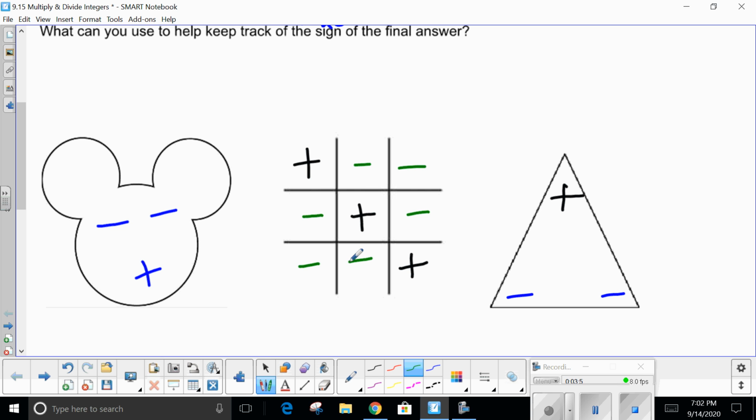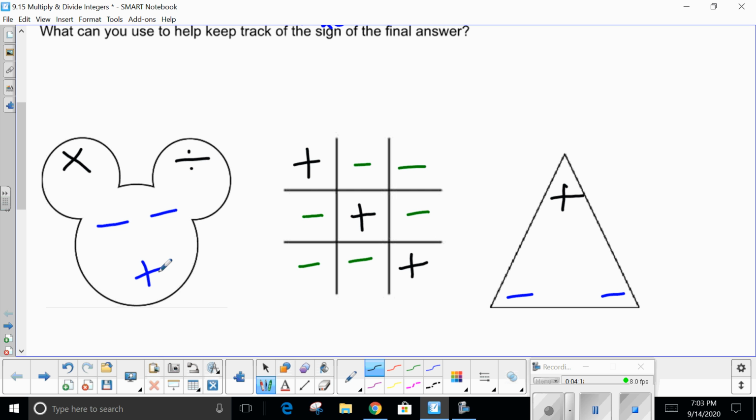Now, all three of these help me to know that these rules apply to multiplying and dividing only. So what we do is we can use this by saying a negative times a negative equals a positive answer.